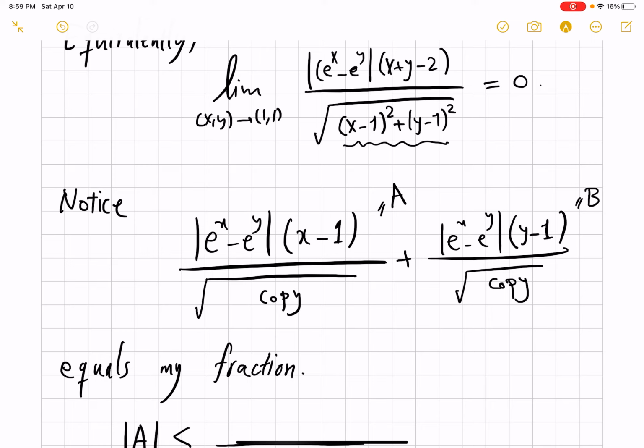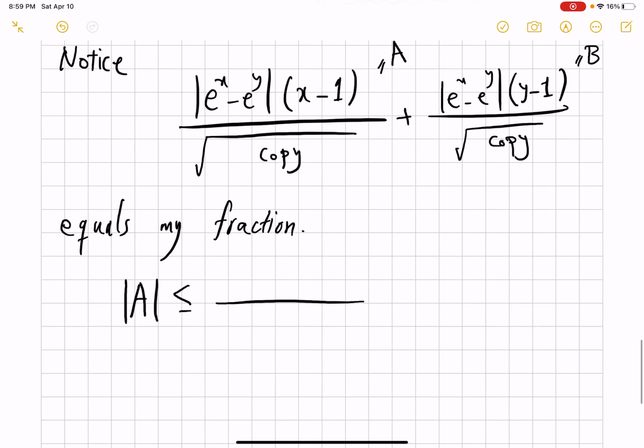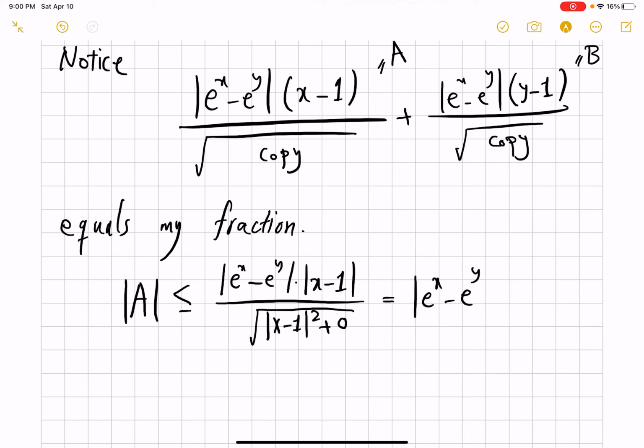And if I ignore one of the components, I get a larger fraction. So that's why I can put just the absolute value of x minus 1 to power 2 under the root. So I made the other one 0. So that just increases my fraction. And I put the absolute value on x minus 1 to do that. And then here will be e to x minus e to y. But then the magical thing is that x minus 1 from numerator and denominator disappear, so I get this one.